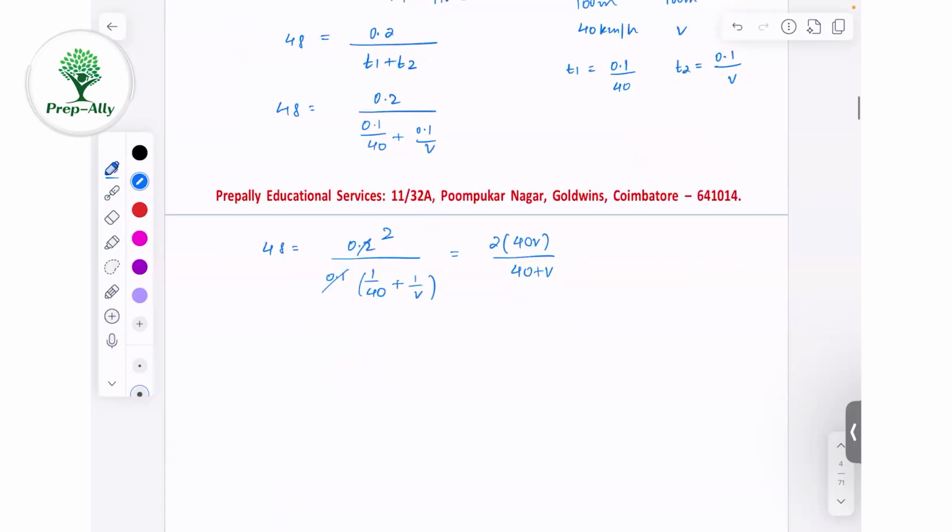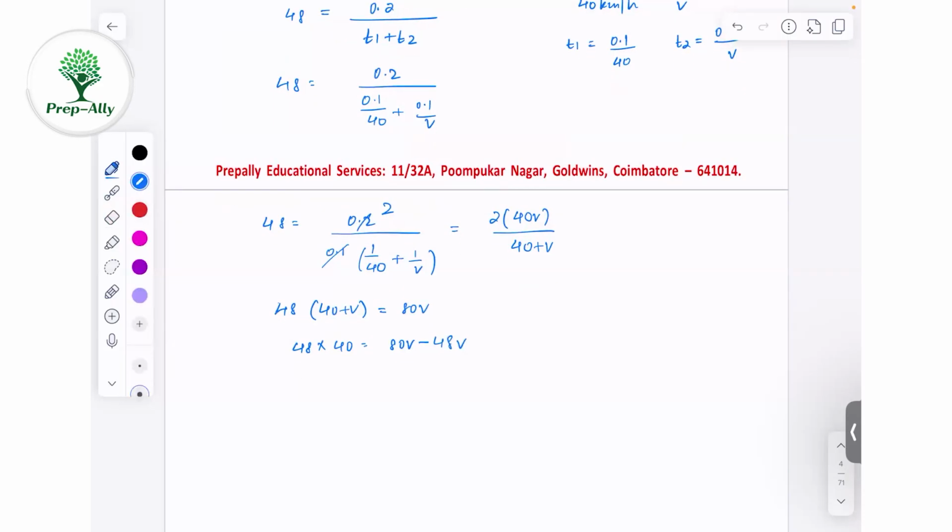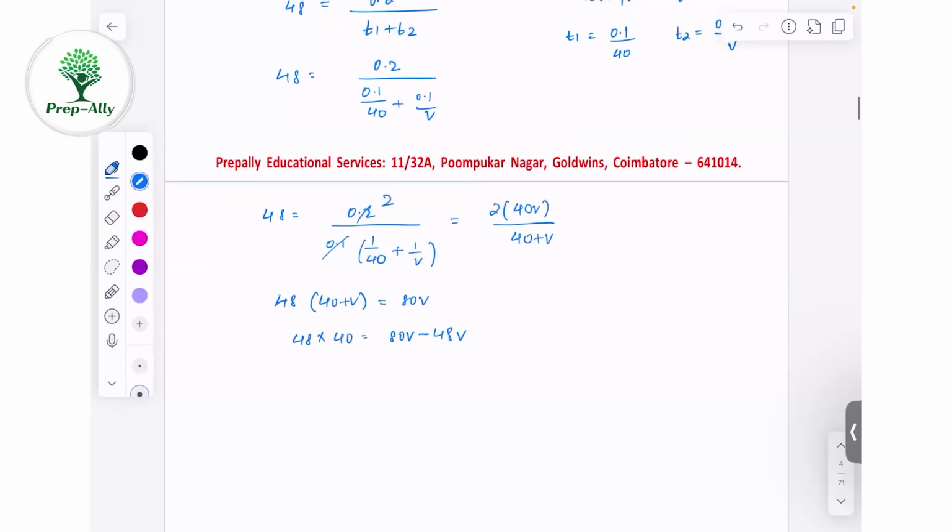Now we can cross multiply. We'll get 48 into (40 plus v) is equal to 80v. So we are left with 48 into 40 is equal to 80v minus 48v. So this difference is going to be 32.